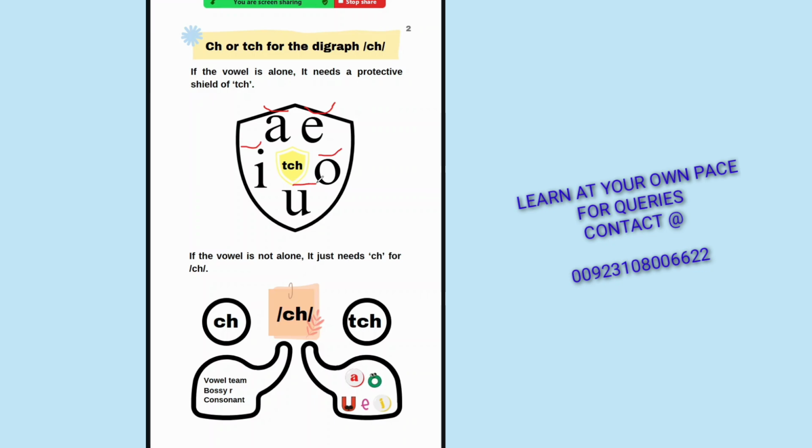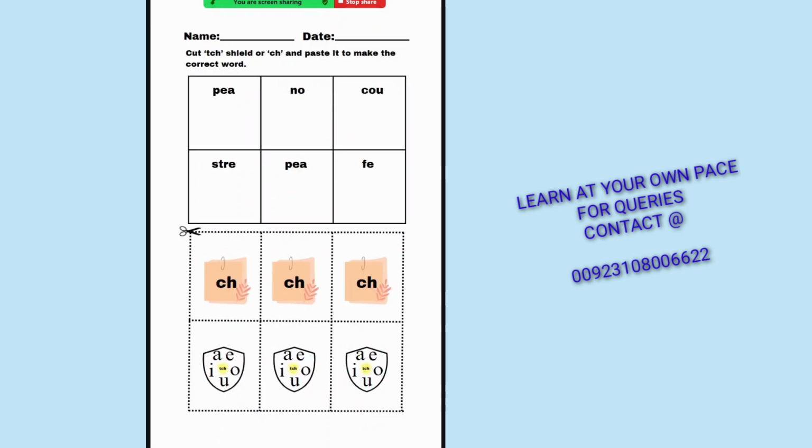So if you hear a short vowel sound in the word representing the ch sound, then we will use this TCH shield. On the contrary, for the ch sound followed by a vowel team, bossy R or a consonant, we will use CH instead of TCH. Let me show you a simple worksheet.